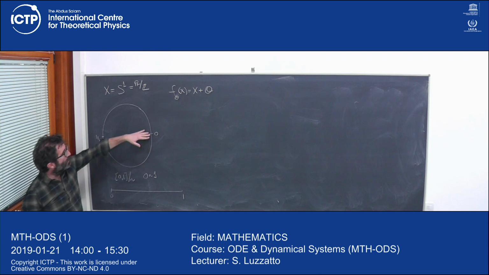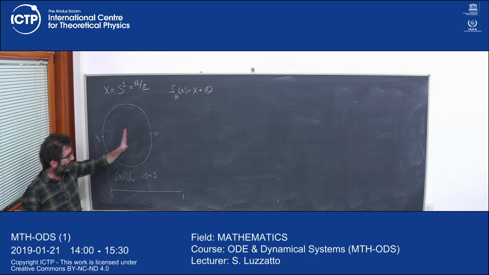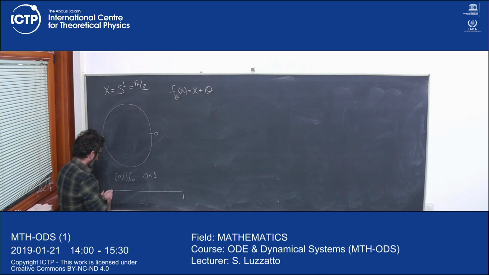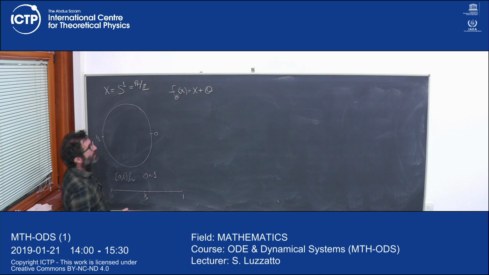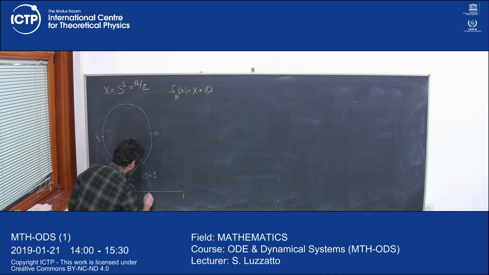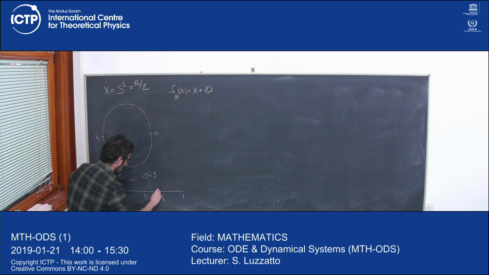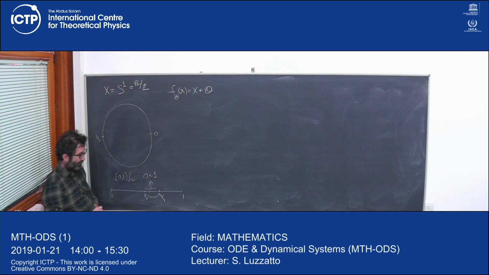So on the phase space of the unit circle, if you start with some point x0, then you apply f, so you're adding theta to get x1, so this length here is theta, right?